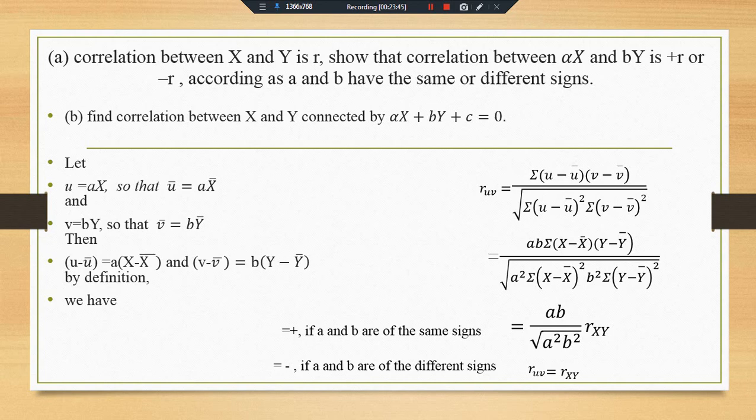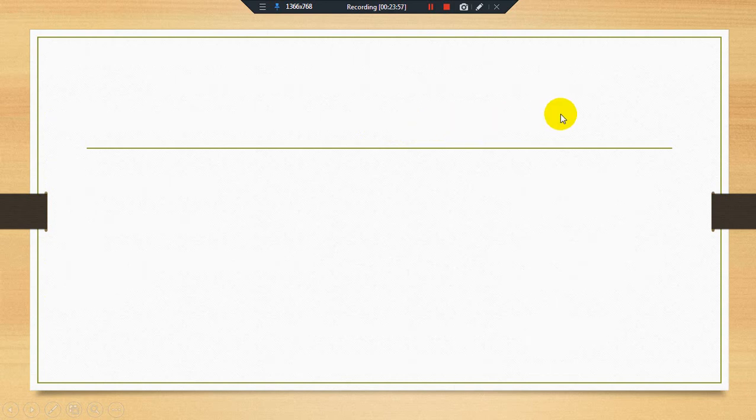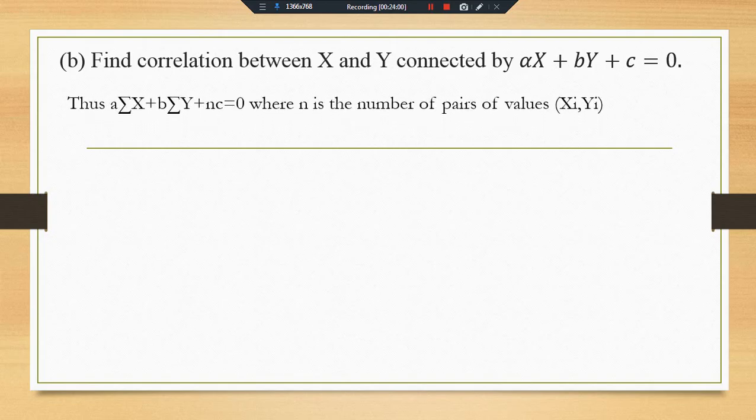Now we have the second condition: find the correlation between X and Y connected by AX plus BY plus C is equal to 0. So we have A summation X plus B summation Y plus N C is equal to 0, where N is the number of pairs Xi and Yi.